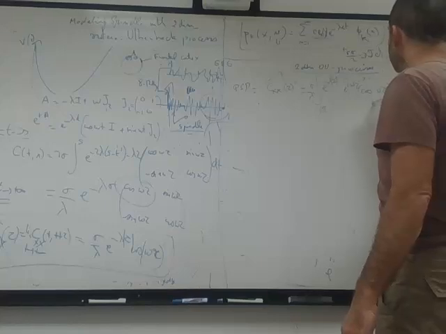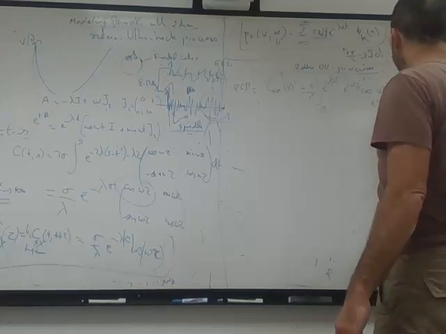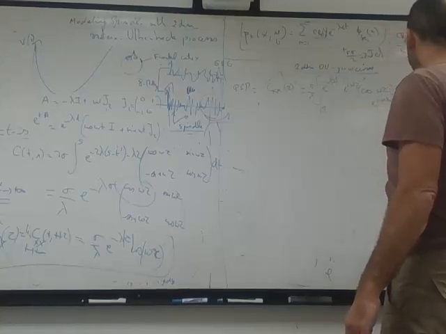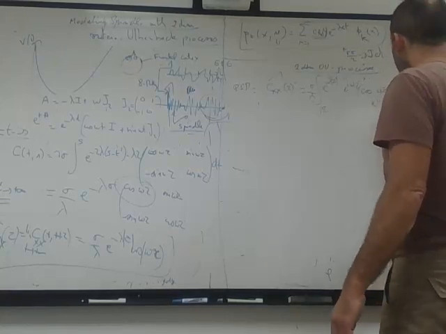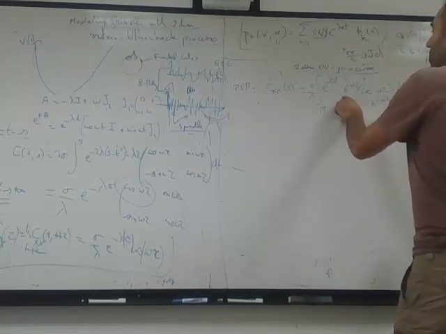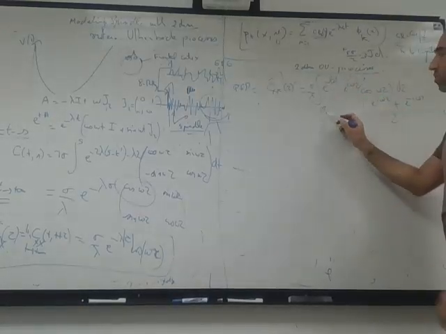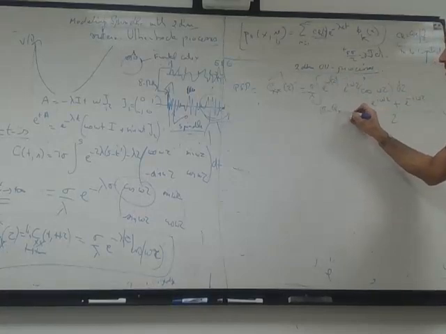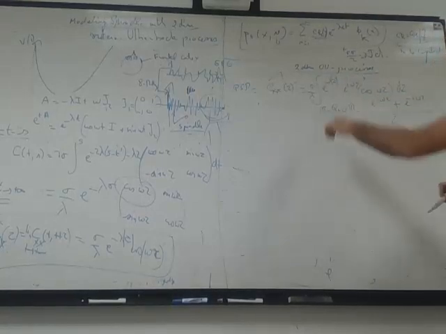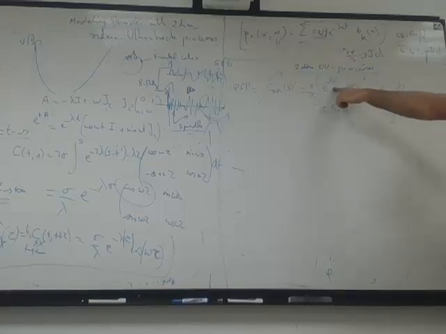So cosine I write as e to the i omega tau plus e to the minus i omega tau divided by 2. You agree? And you integrate. I just have to be careful here; I have to differentiate R between R plus and R minus. And okay, you do the calculation.